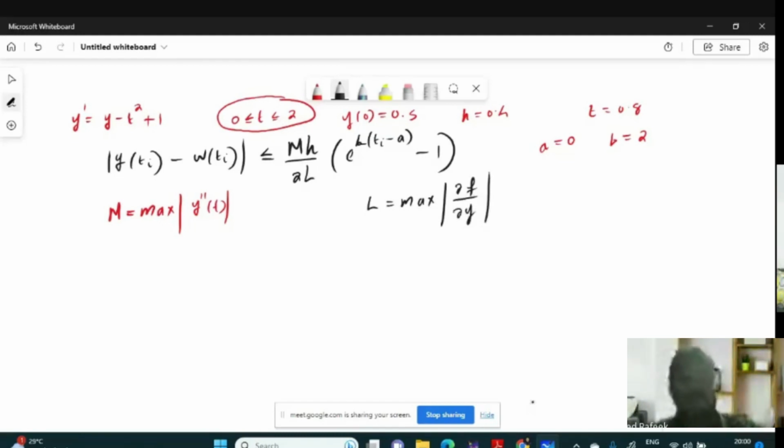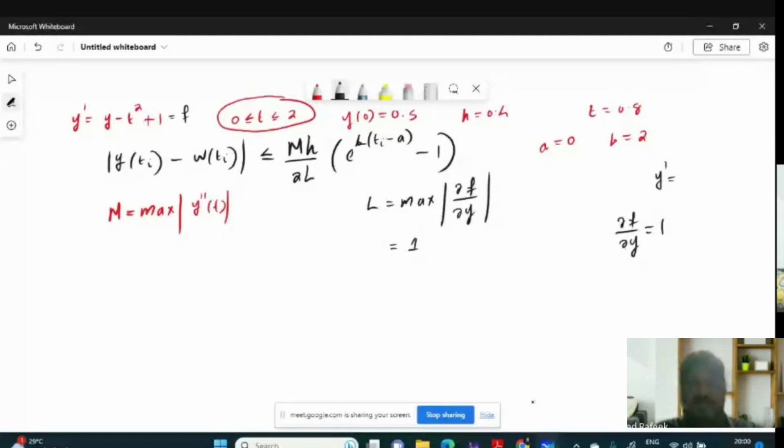Here f is the right hand part, y dash equal to f of y comma t. Differentiate it partially with respect to y. Dou f by dou y you will get 1 only. Maximum of 1 is 1, so L equal to 1.